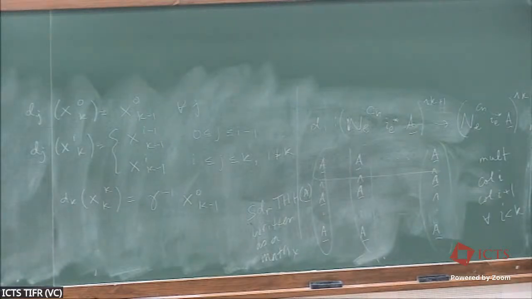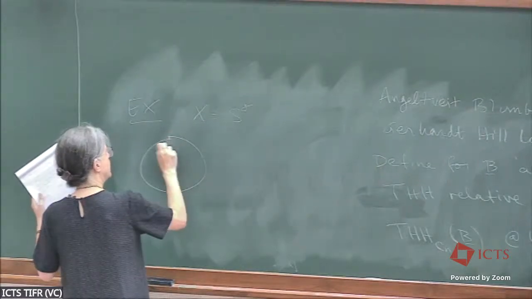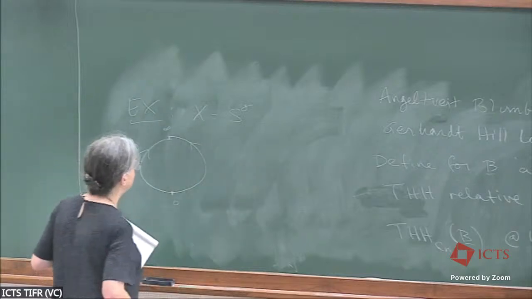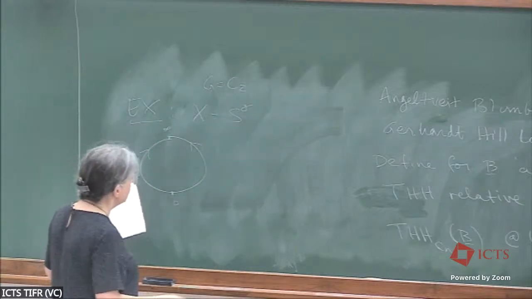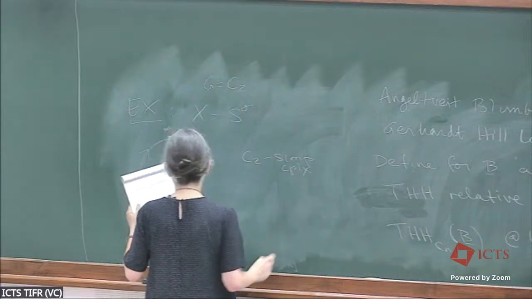Okay, so that's good. And maybe I'll erase here. Another example is X equals S^sigma, the flipped circle. There are 2 fixed points here, 0 and infinity, and G is equal to C2, and it flips these. This is a C2 simplicial complex.